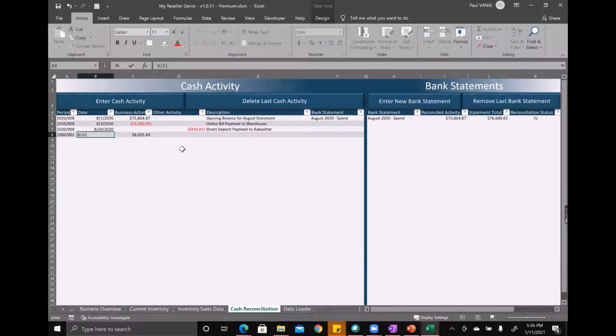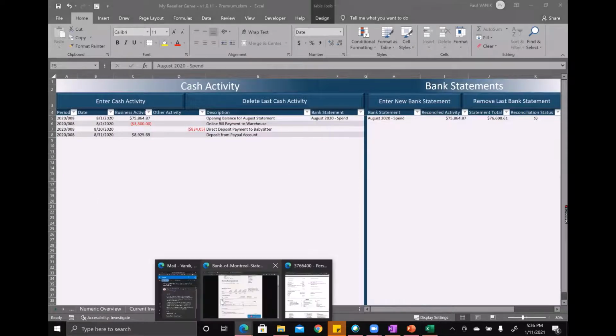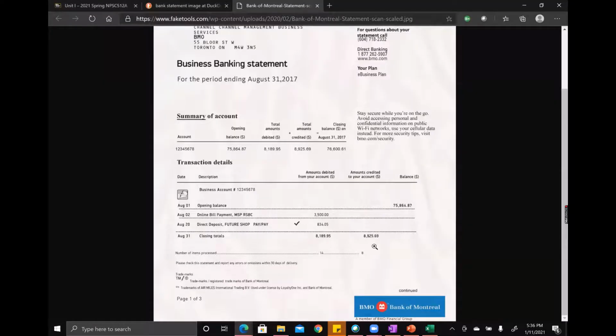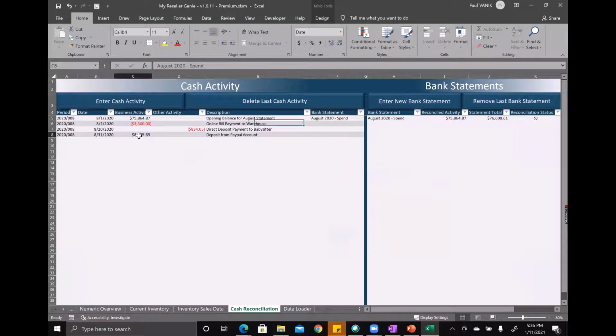And that was on August 31st, we'll say. This was, we'll say, a deposit from PayPal account. All right, and let me make sure that amount lines up with what I think it's supposed to be, 8,925.69. Oh, and notice since these are the credits, they go in as positives because that's money coming into your bank account.